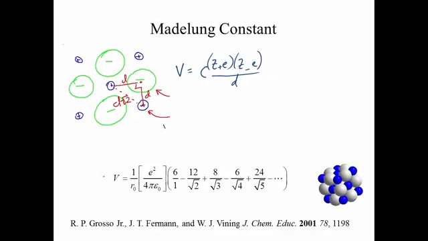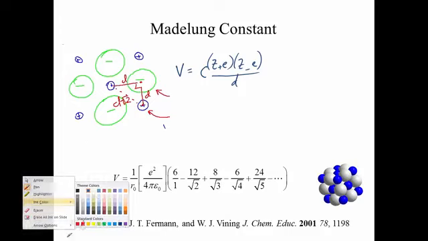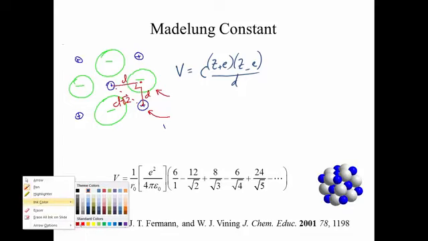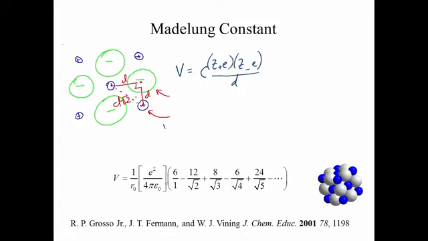And so here we have the sodium cation. That's the positive charge, and the anion is the chloride. So that would be -1, and that would be +1 in our case here. And they're separated by a distance d.